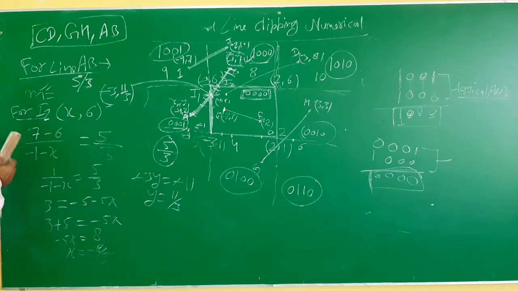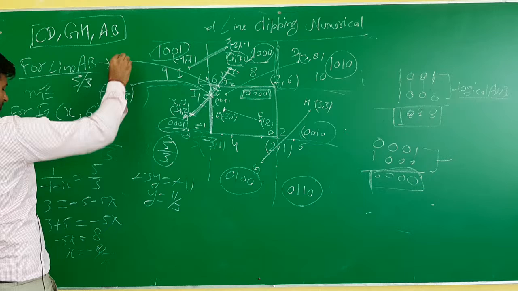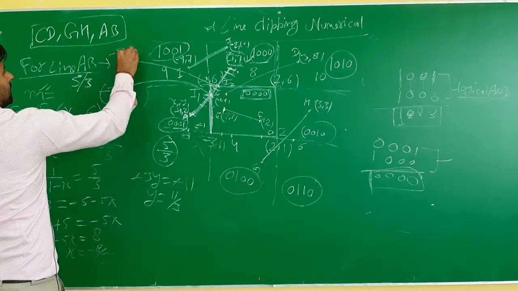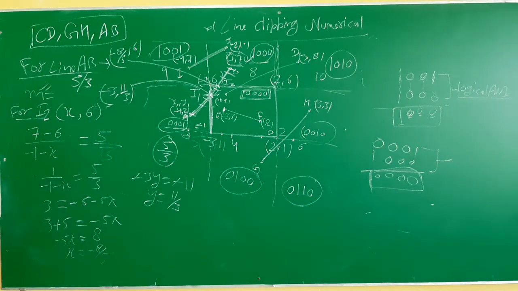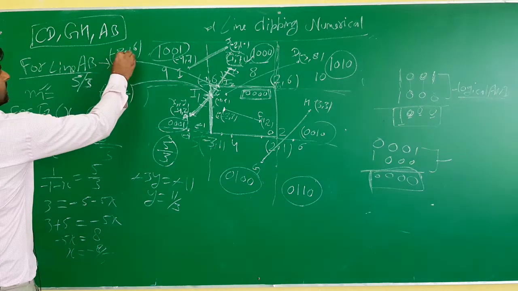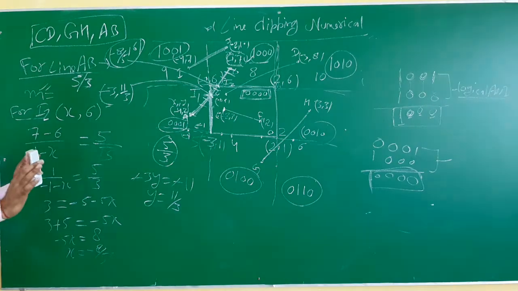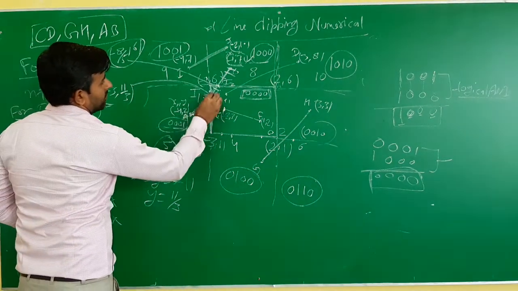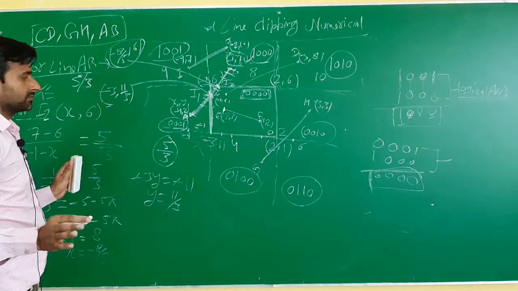Then for I2 we have the value minus 8 by 5 and 6. This point is clear. Now we have the coordinates of I1 and I2 also. Okay?